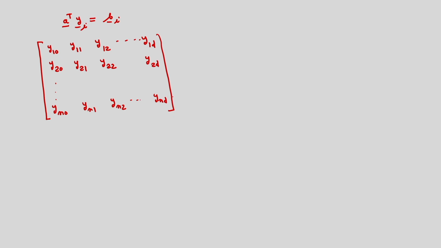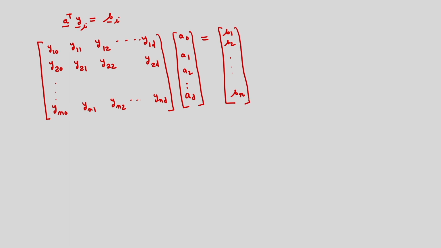This is for Y, and for A I can write a0, a1, a2 up to aD, is equal to, because we are considering different margins for different Y's, the margins like this: b1, b2, and so on. So the b is a vector, and different margins we are considering, b1, b2, for different Yi's.